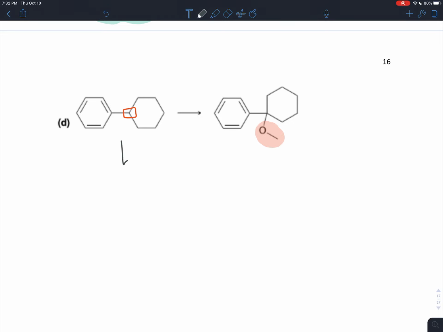Well, we don't know how to put a methoxy group on the benzylic position. What we do know is how to put a bromine on the benzylic position. You use N-bromosuccinimide and heat. Getting good at that. So you add that bromine there, and even if it's not what you wanted, you feel pretty satisfied.